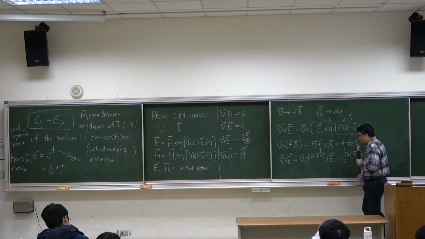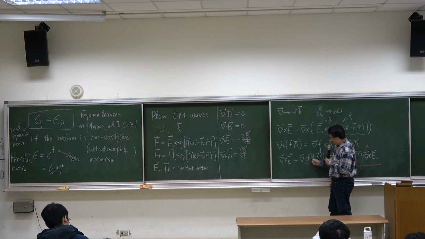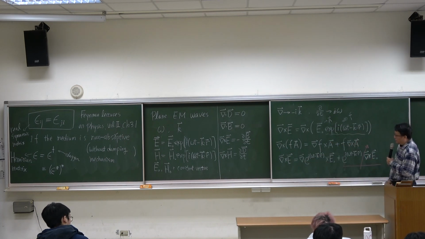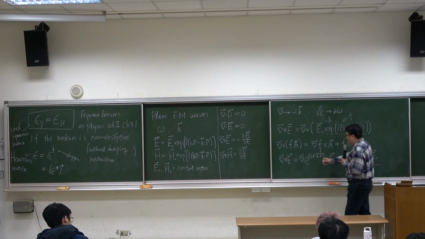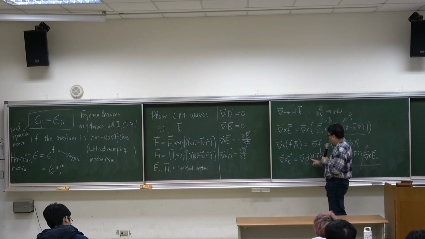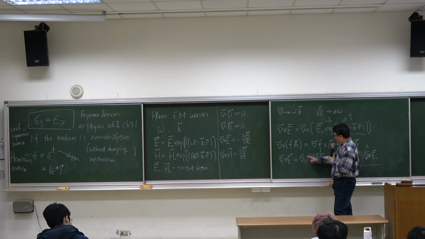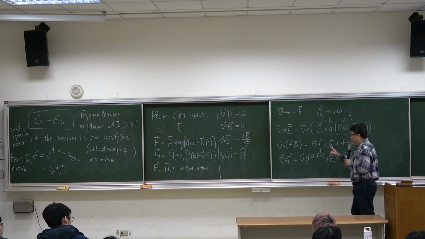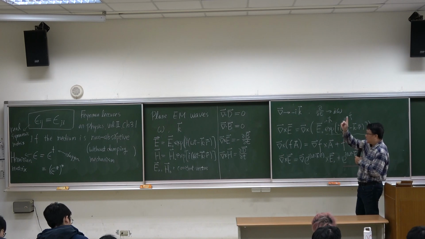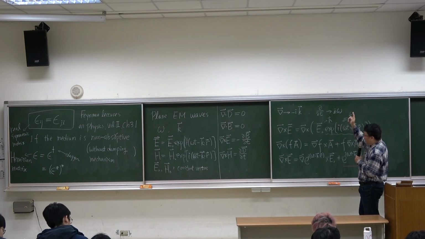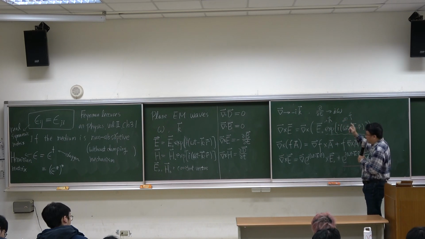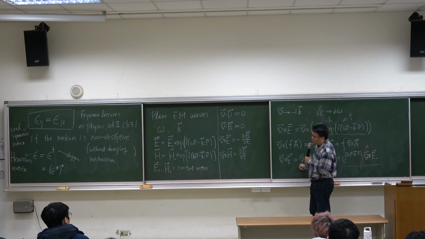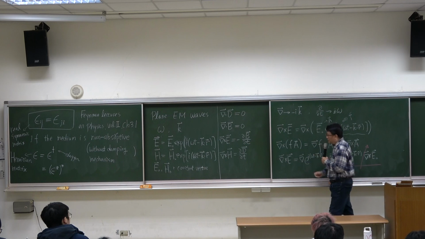And del operates on this phase factor. In the phase factor you encounter exponential minus i k dot r, which means minus i (kx times x plus ky times y plus kz times z). The del contains three partial derivatives.